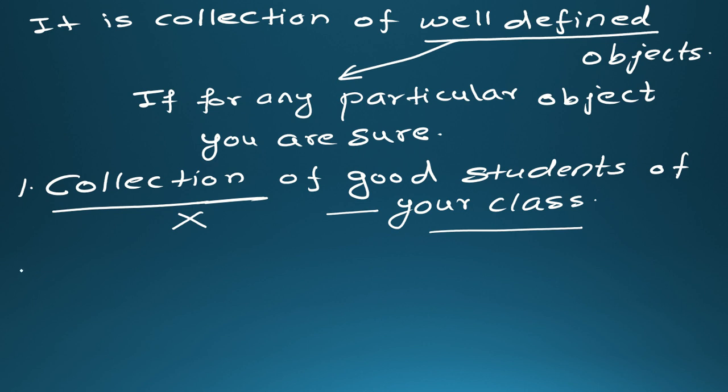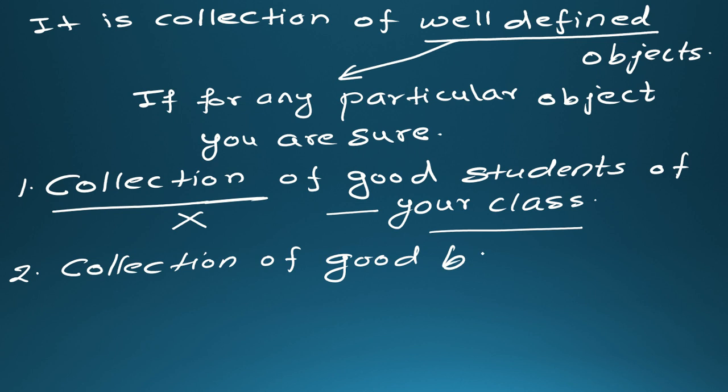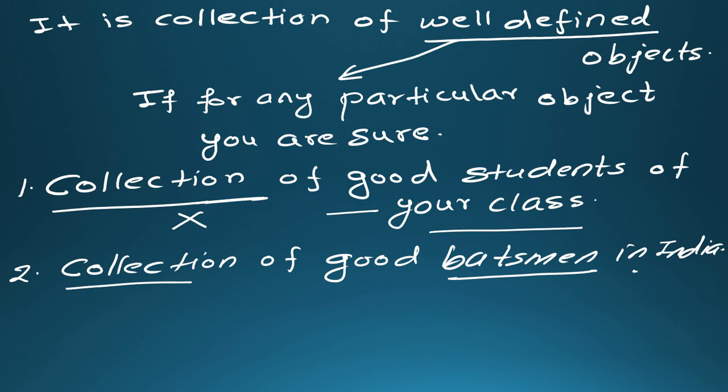Okay, now another example: collection of good batsmen in India. Just now I told you, if any human category is involved without any condition, that collection will not be a well defined collection.